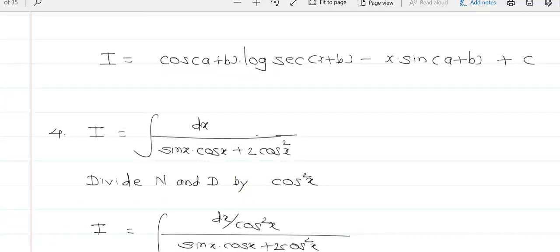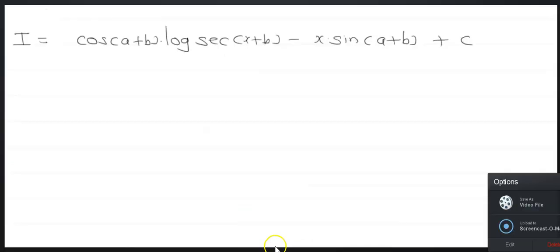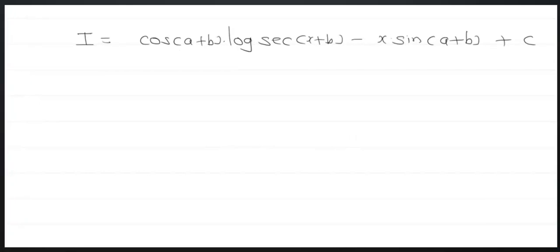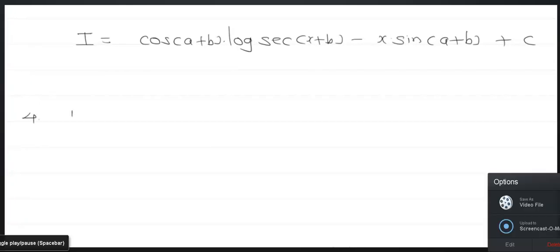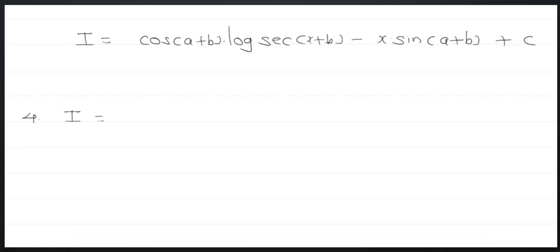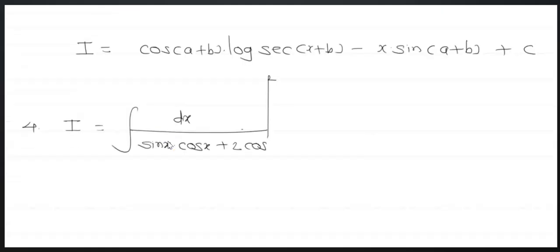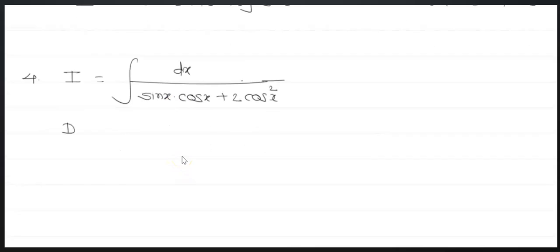Now the next is problem number 4. I is equals to integral dx upon sin x into cos x plus 2 cos square x.